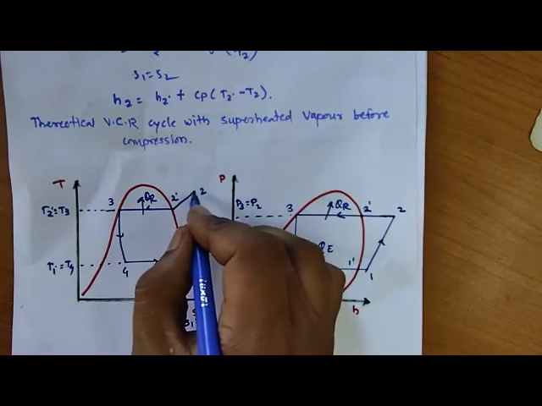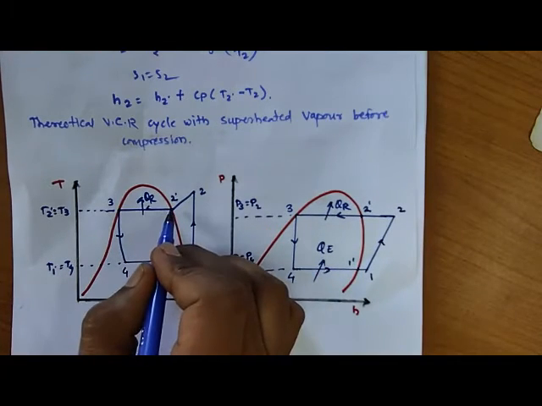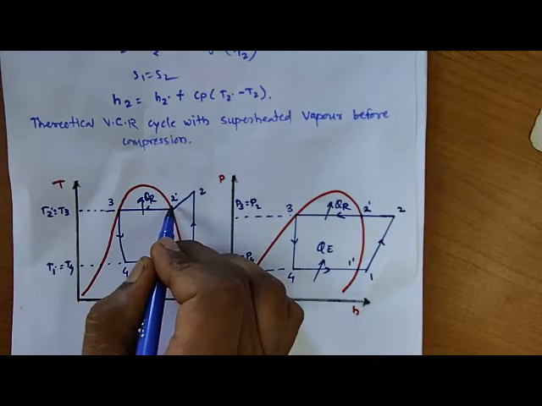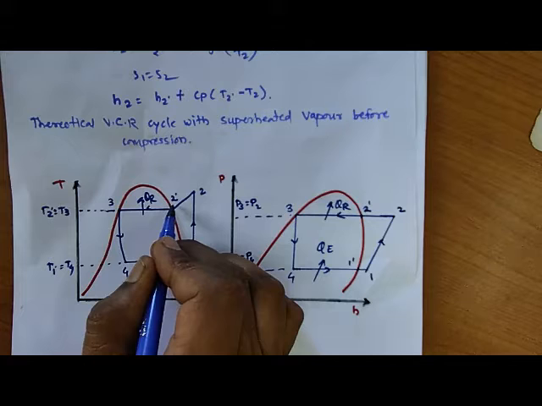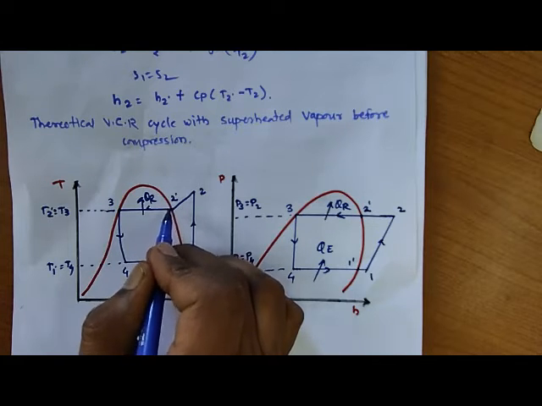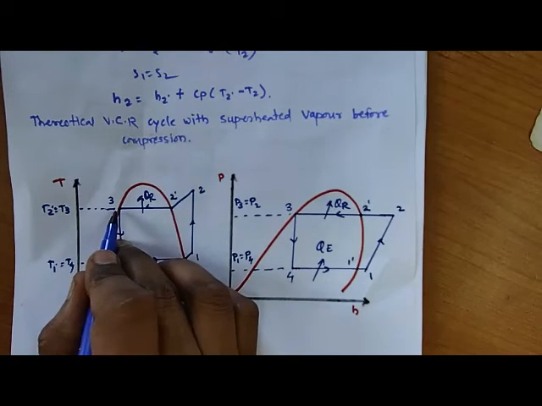First the temperature will be reduced, and after we reach the temperature corresponding to the saturated point on the vapor line, condensation will take place. So here 2 dash to 3 is the actual condensation process.